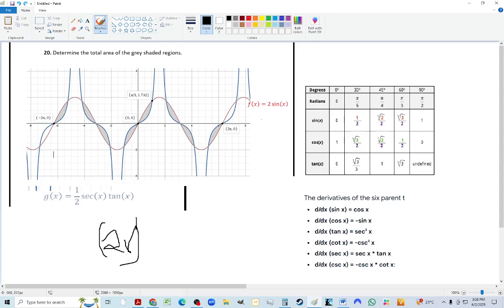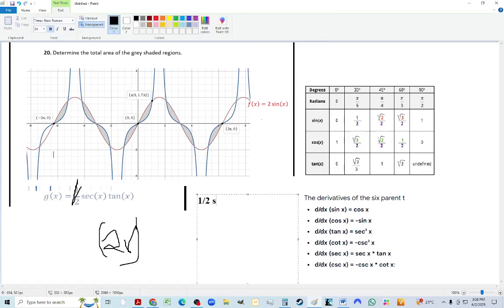In other words, ignore the 2 for now and ignore that for now and figure out what is the antiderivative of that. Well, we can see it right there. The antiderivative of that is secant x, which means the derivative of half secant x is equal to that function.